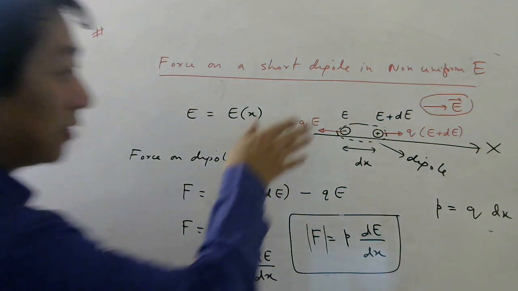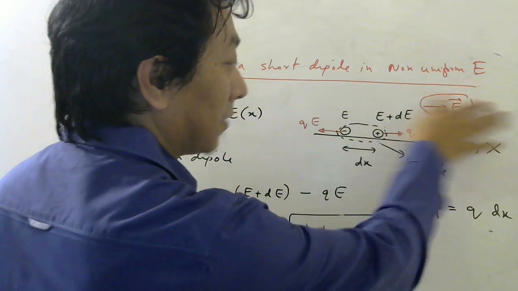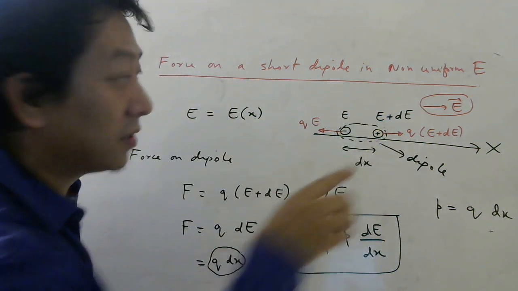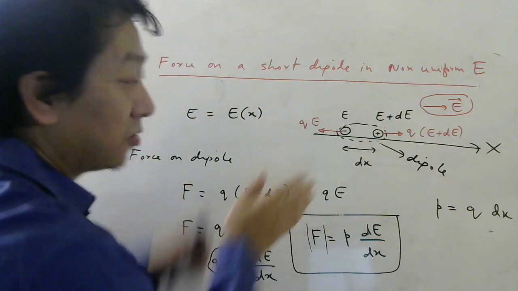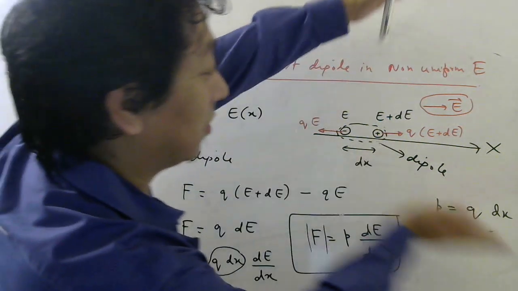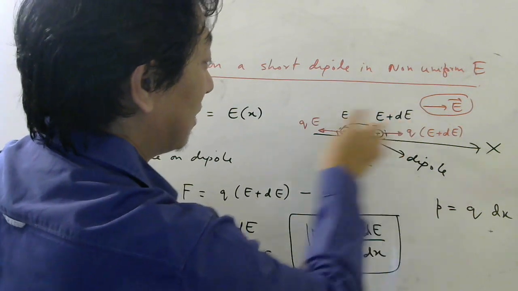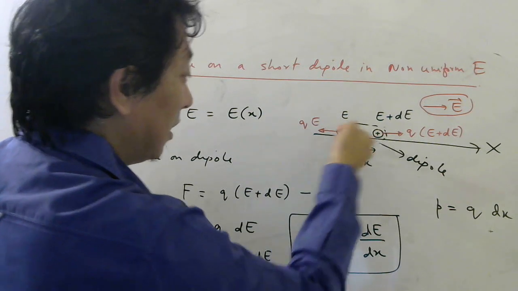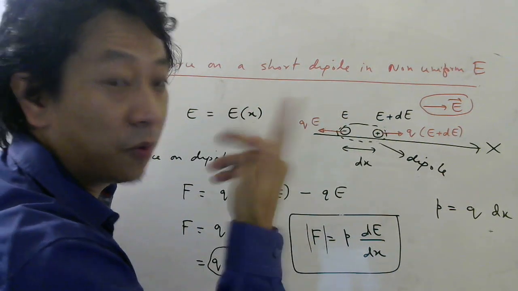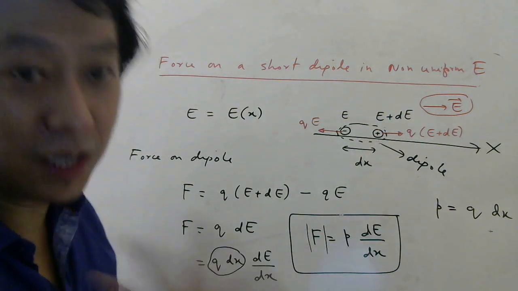Understood? If electric field was decreasing this way, then this electric field will be more than this electric field. If the question says electric field is decreasing, so the lines look like this. Okay, farther they go. Then here electric field is less than here. Matlab this will feel more, this charge will feel more force. That means total force will be where? This side. So direction we can easily find.